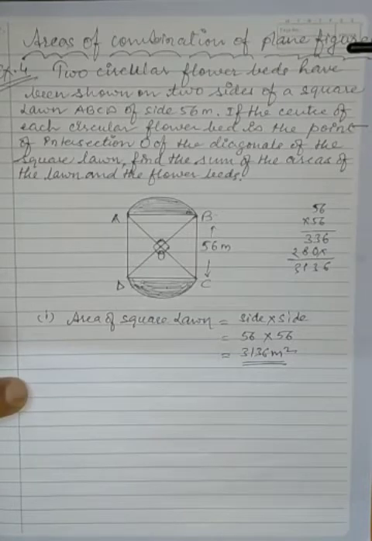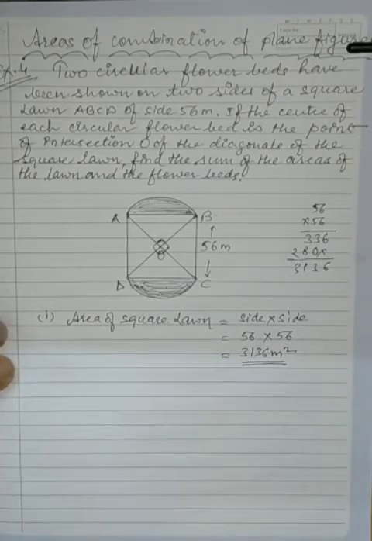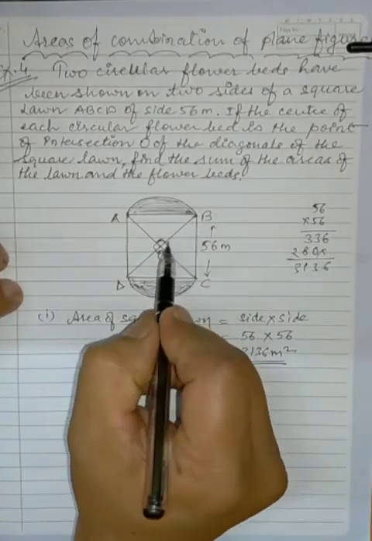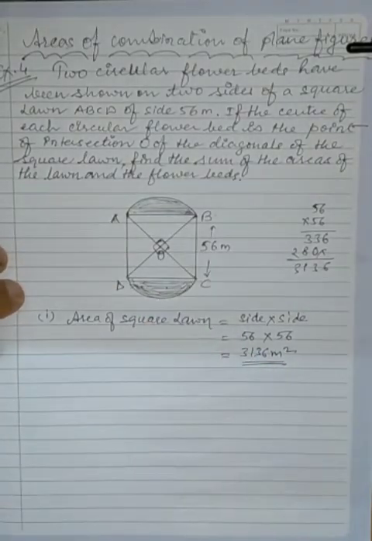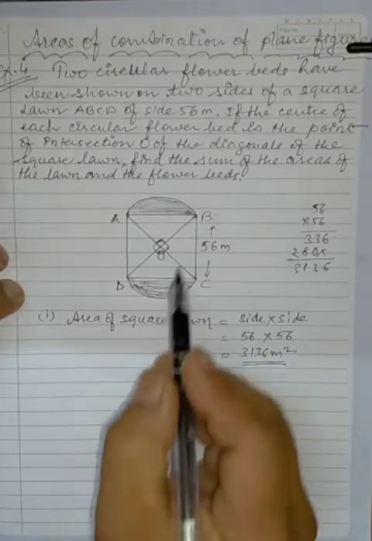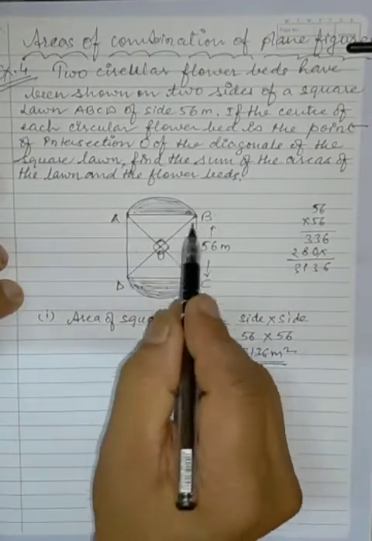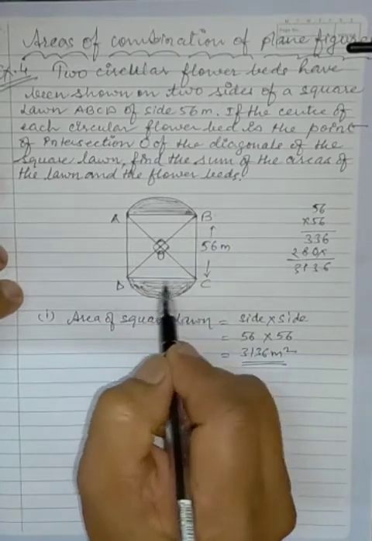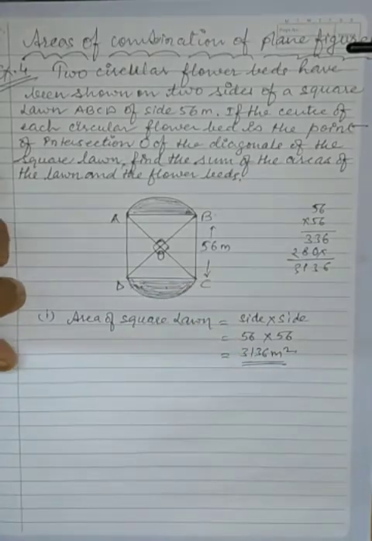And now to get the area of the flower beds, first we need to find out the radius of this quadrant. And to find that, we will use the triangle BCD or triangle ABD, in which we will be using Pythagoras theorem.